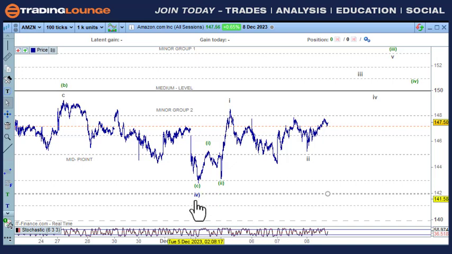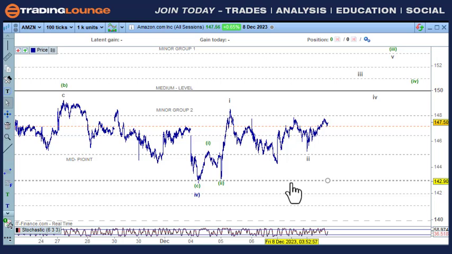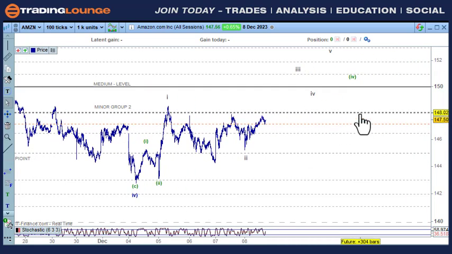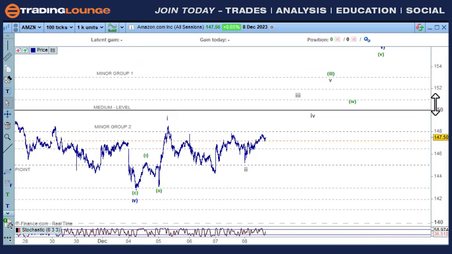But anyway, I've got it like this as 1 and 2 and 1 and 2 here because it's the same count as Apple, and this particular count, as weird as it is, ties into the timing of the Apple count going into this wave 3 here. So day traders can also be long in this particular market as well.